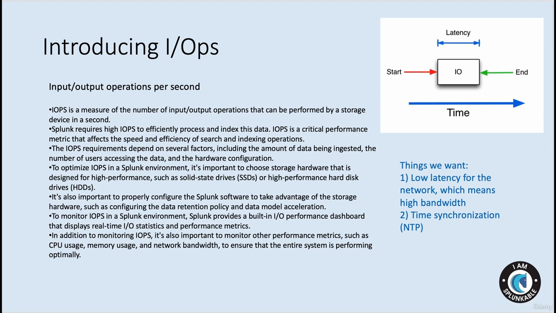And you want the highest amount of bandwidth between your indexers. You can have a lower bandwidth and connection speed for the data going over from your forwarders to the indexer layer, and a standard one for users to your search head. But the most important is going to be the communication between the indexers at the indexer layer.